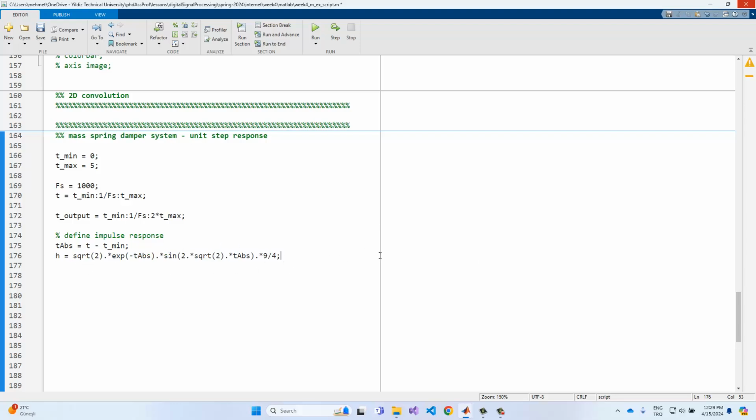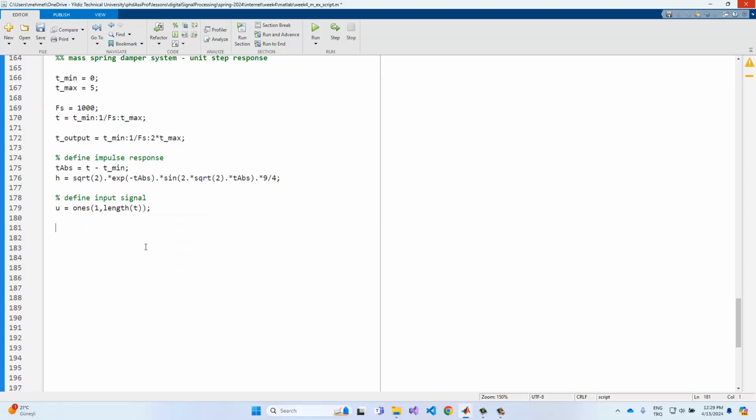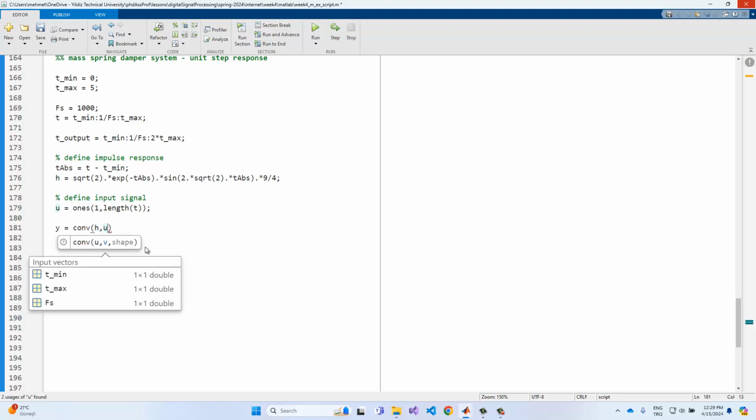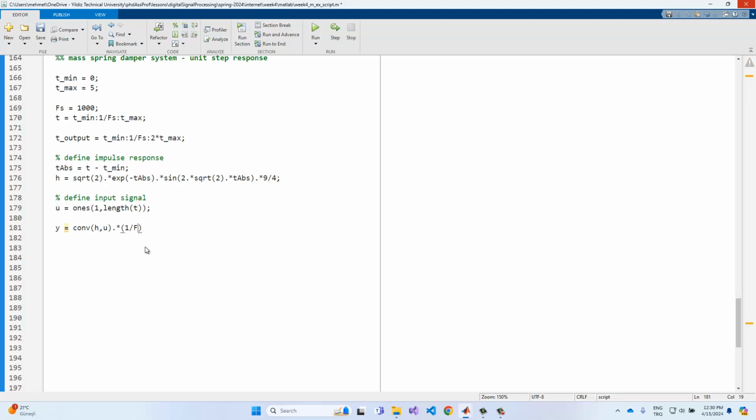Okay. And also we can define the input signal just like this one. u is ones of length t. Okay, after that we should give y equals convolution of h and u times 1 divided by fs.